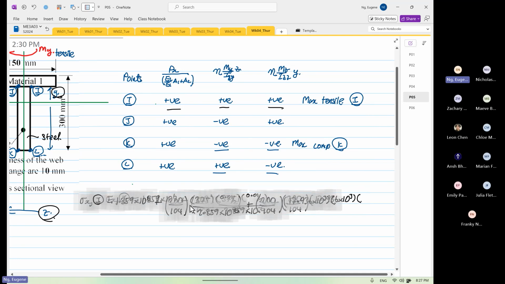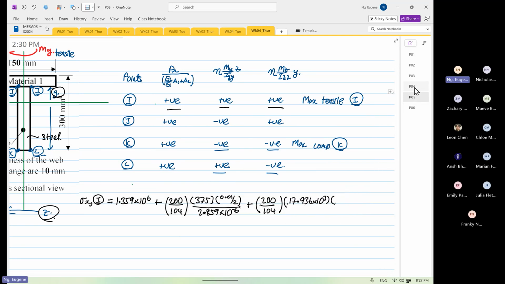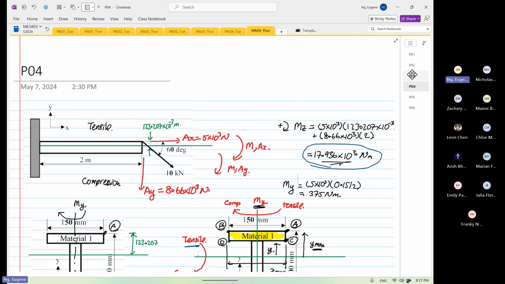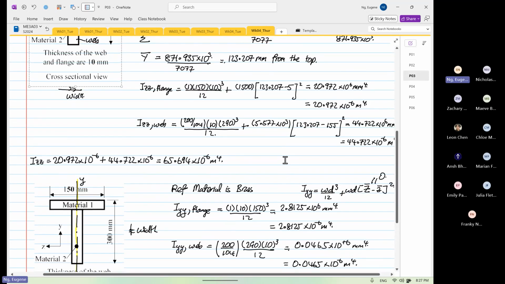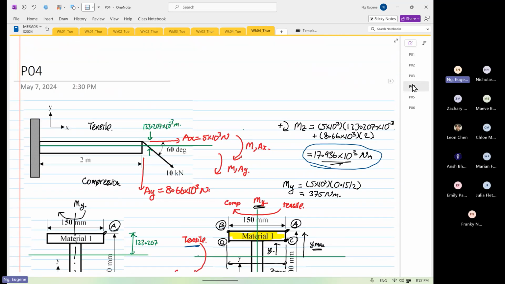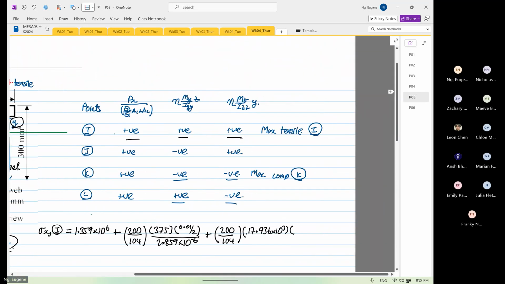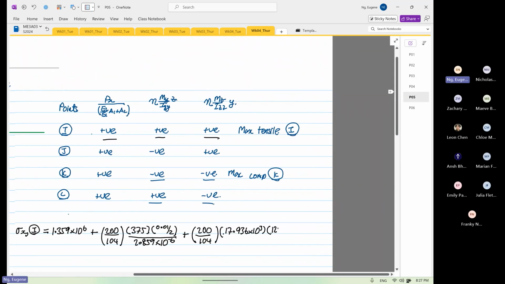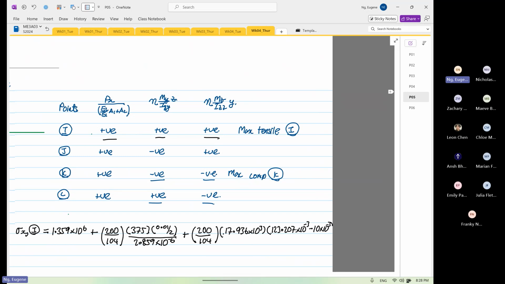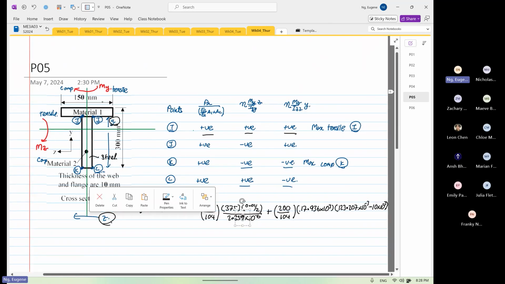We just need to minus 10 millimeters. The centroid is, can't remember now, 123.207. So 123.207 times 10 to the power minus 3 minus 10 times 10 to the power minus 3. Why 10? Because this distance from here to here is 10.